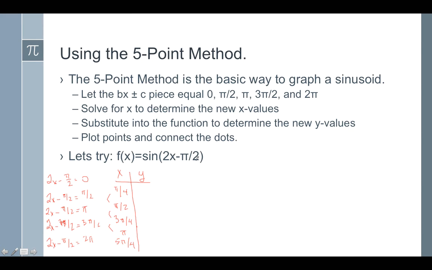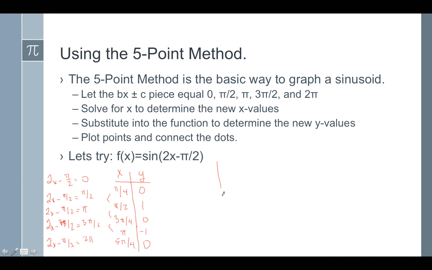So sine of 0 is 0. I plug in pi halves times 2 is pi, minus pi halves is pi halves, and the sine of pi halves is 1. If you continue this process, plugging these other 3 values in, you'll get 0, -1, and 0.